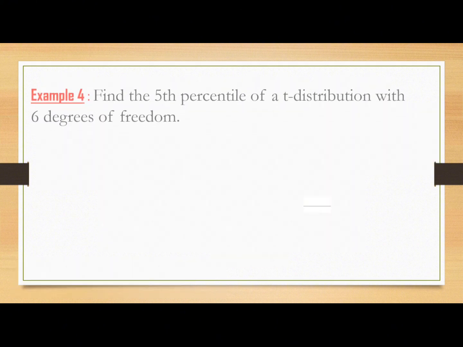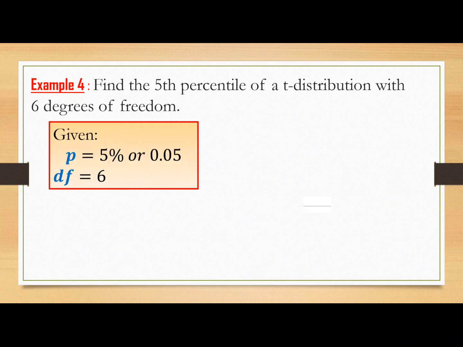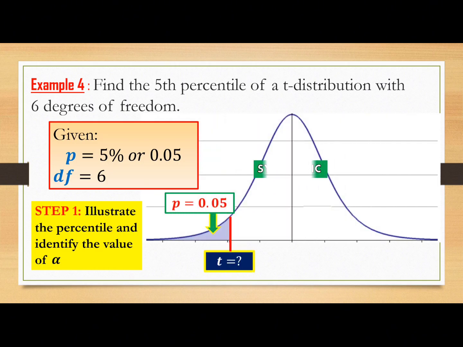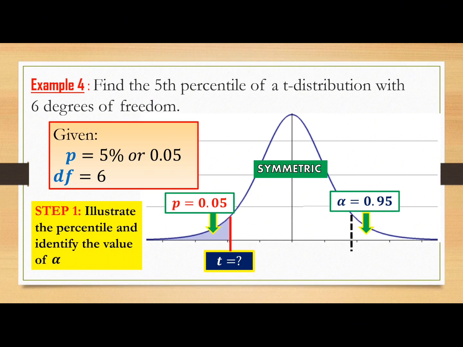Example number 4. Find the 5th percentile of a t-distribution with 6 degrees of freedom. Step 1, illustrate the percentile and identify the value of alpha. If you notice here, our percentile is below 50, so that's why our position should be symmetric. If there is one on one side, there should be one on the other side.